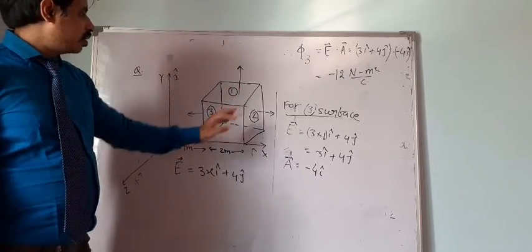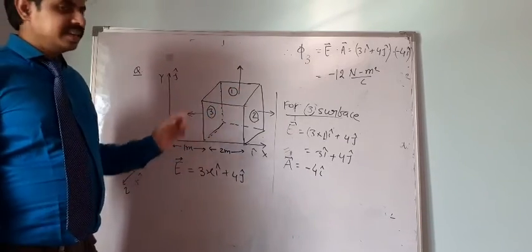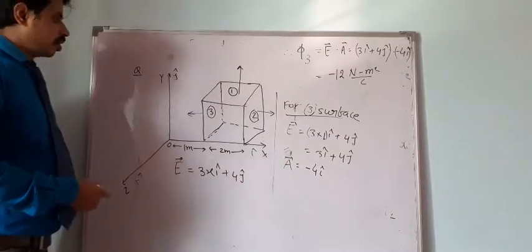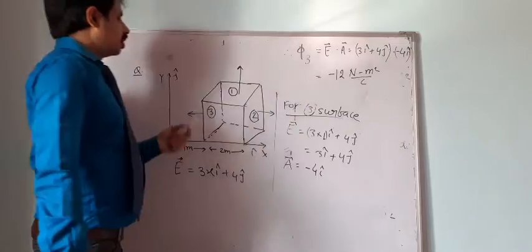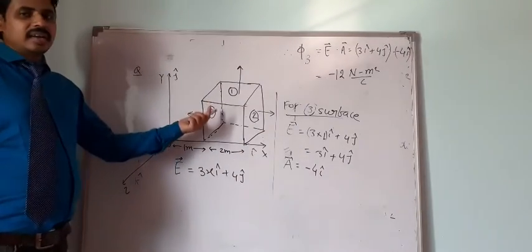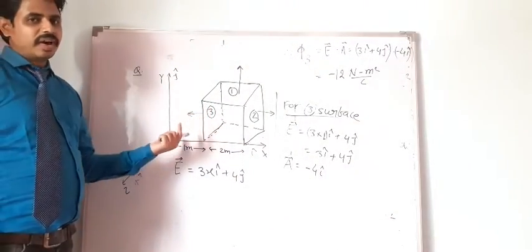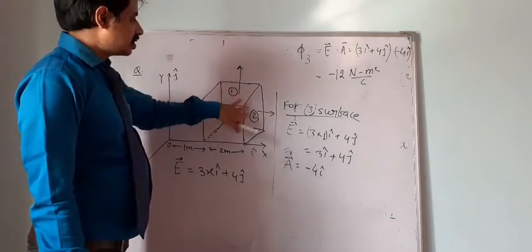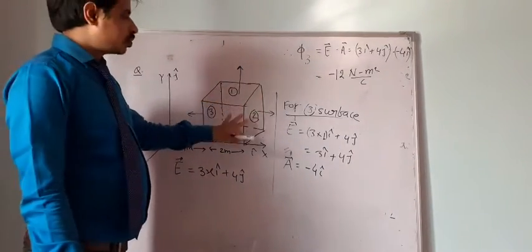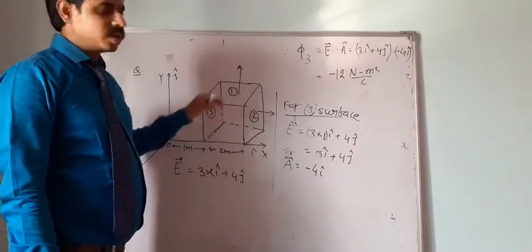So for 1 and 2 it is positive, and for 3 it is negative. Now for the second case: if the electric field was constant, not varying, and the area is fixed throughout the surface with a unit direction, that lies in case 1.